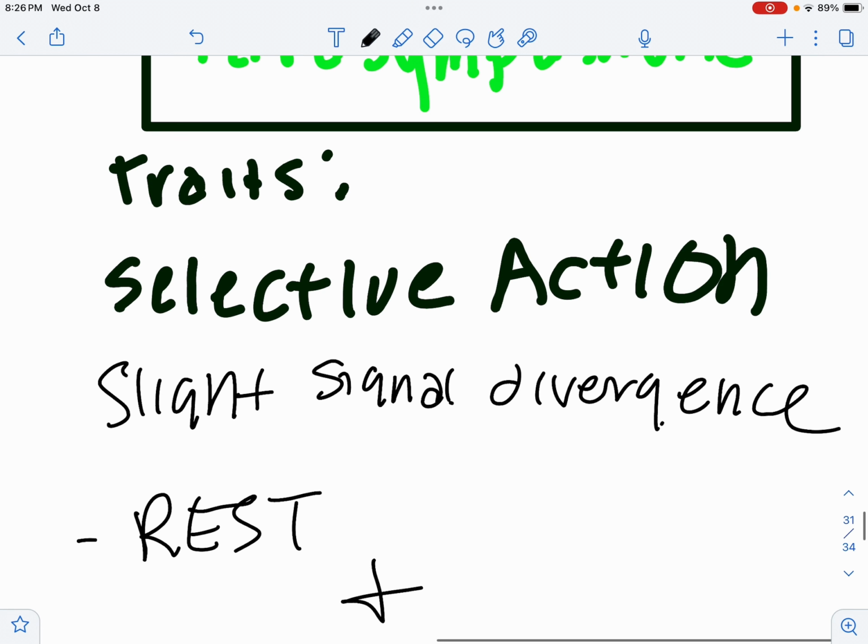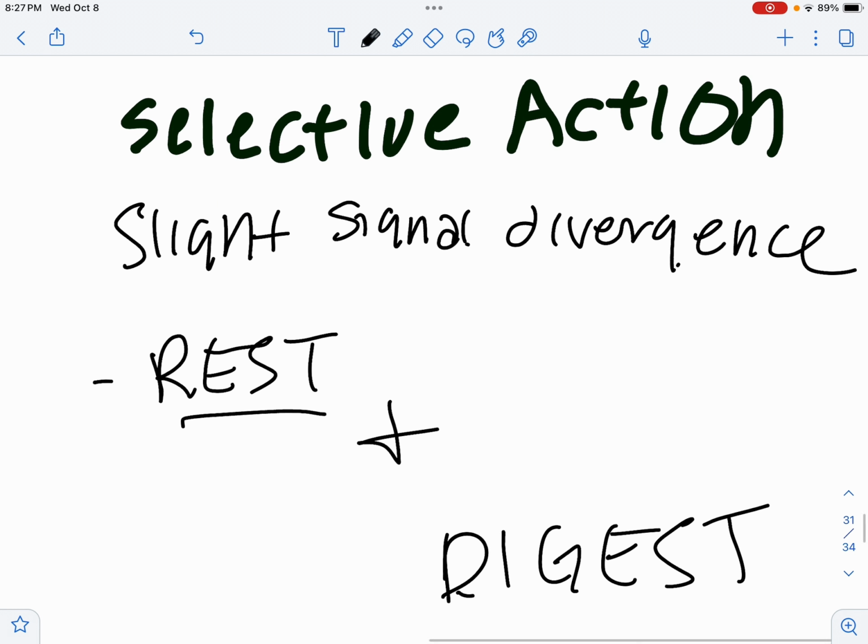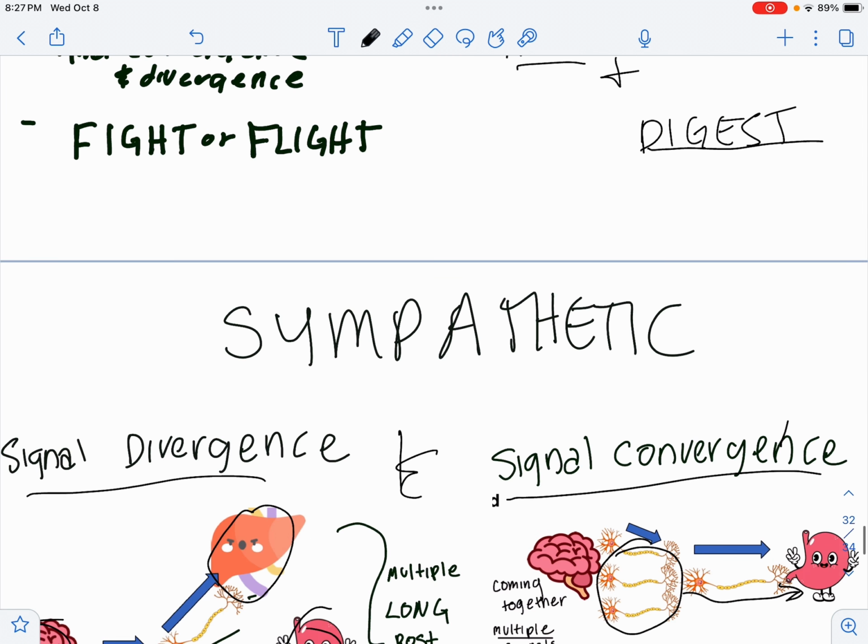Parasympathetic is known as rest and digest because it's calm and chooses selected organs. It works when you sleep or digest something. Those are a few examples.